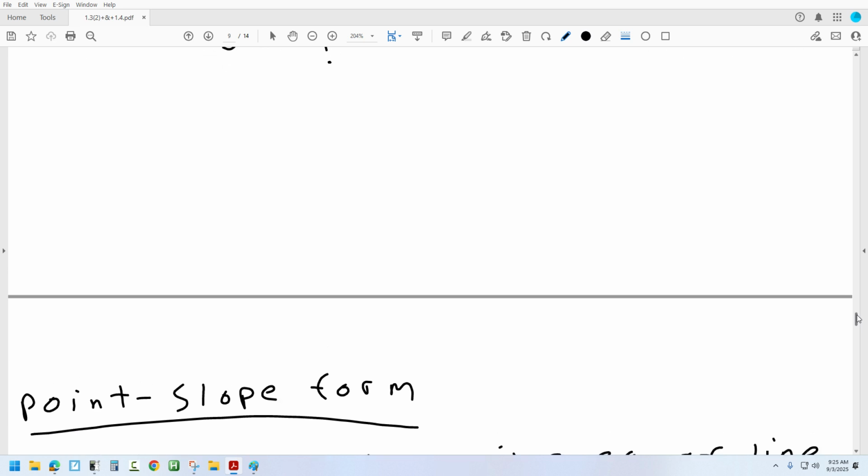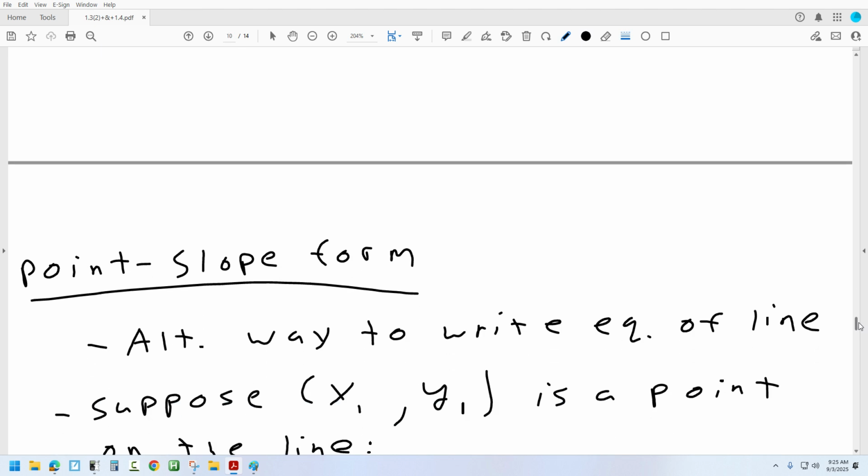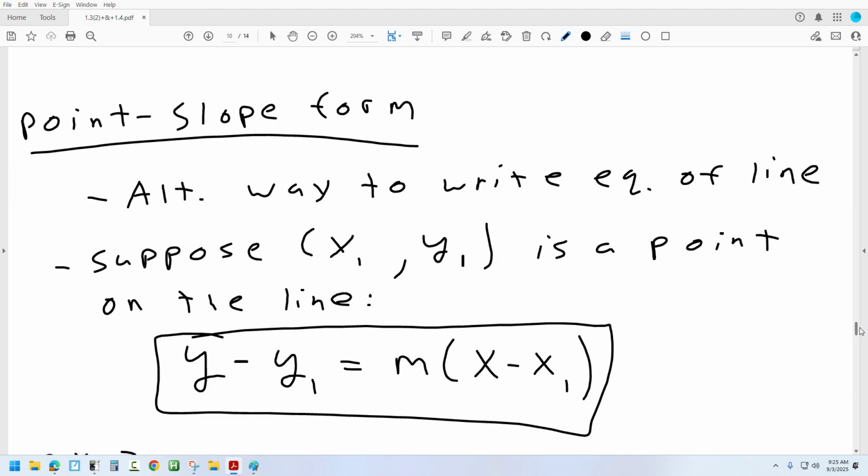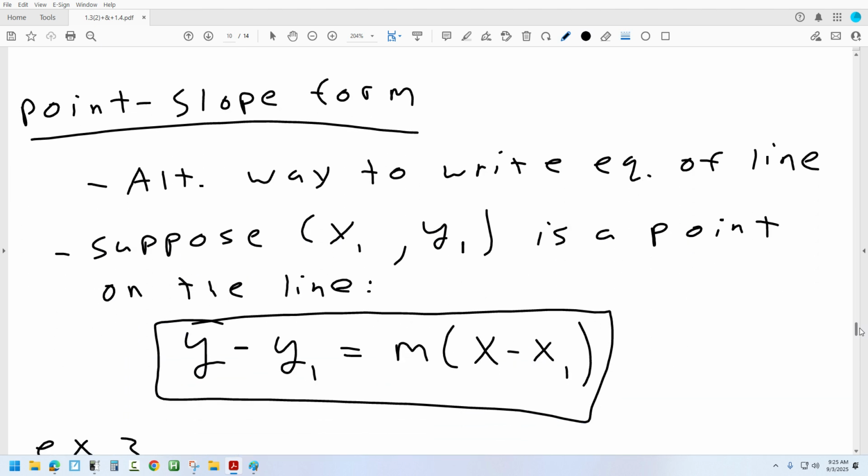Now, even though we use y equals mx plus b a lot, it is not the only way to write the equation of a line. Another format is point slope. A lot of times I use this as kind of a middle step. If you tell me that you need an equation of a line that goes through the point 5, 7, and it has a slope of 3, I'll use this to figure it out.